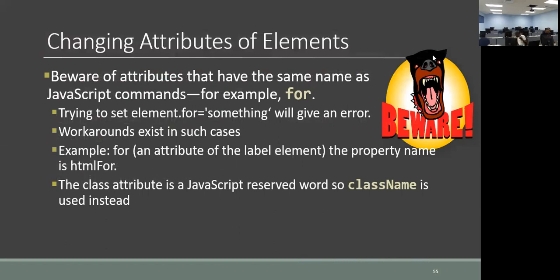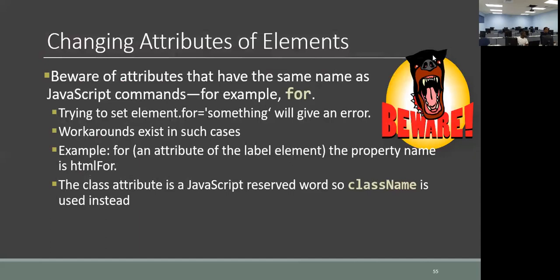Remember, we're using JavaScript to access the HTML document. So what the API provides you with is a property name called htmlFor and not just for. That's what the API provides you with. So if you want to get the attribute for, you use htmlFor.